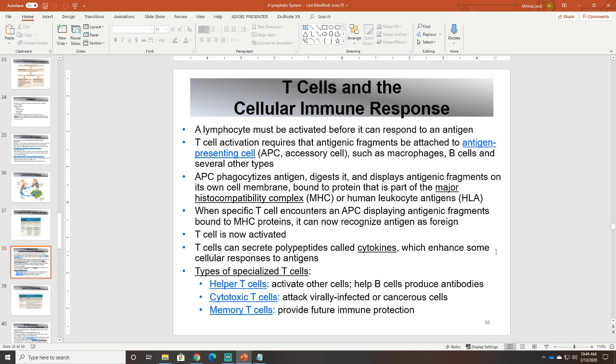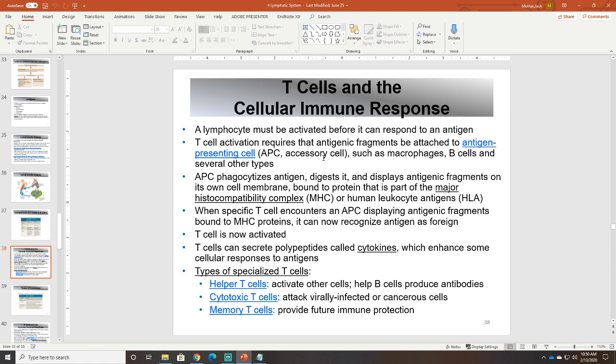All right, so a lymphocyte has to be activated before it can respond to an antigen. Basically, it needs to see the antigen itself. The T cell activation requires antigenic fragments, that's fragments of the antigen, pieces of it, to be attached to an antigen presenting cell.